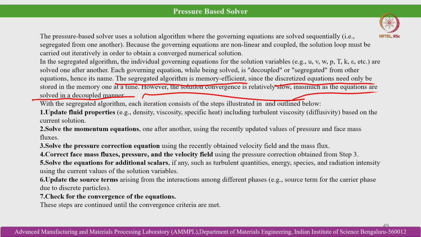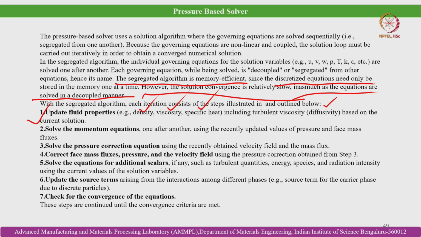So, with the segregated algorithm, each iteration consists of the steps illustrated below. Number 1 is again the same: updating the fluid properties, that is density, viscosity, specific heat, including turbulent viscosity, which is also called diffusivity, based on the current available solution. And then number 2 is solving the momentum equations one after the other using the recently updated values of pressure and phase mass fluxes.